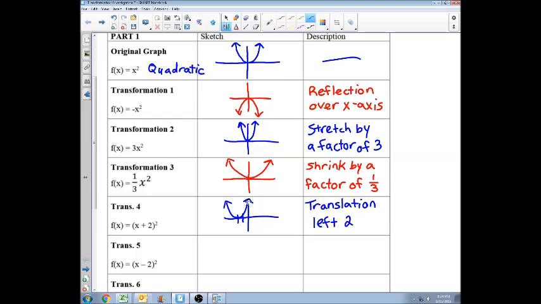So when our number is inside of the parentheses, it's actually going to go opposite whatever the sign is. So that's going to be a left and right movement because it's inside the parentheses, and it's actually going to move opposite whatever our sign is. So since our sign was positive, we actually move to the left. If our sign is negative, like in the next one, I bet you can guess what it is, but we're going to go ahead and take a look at it now.